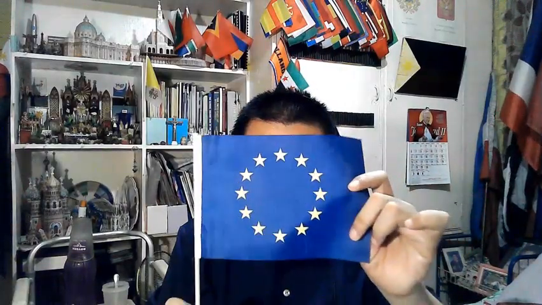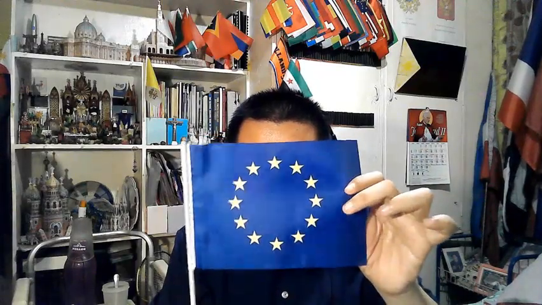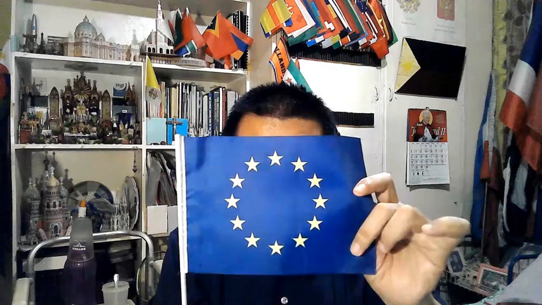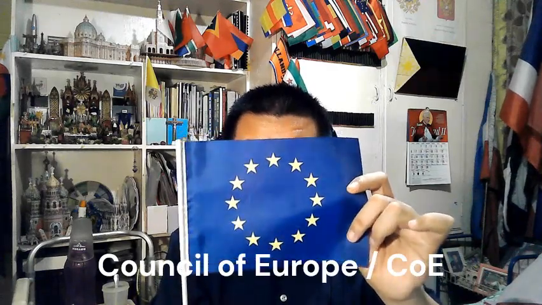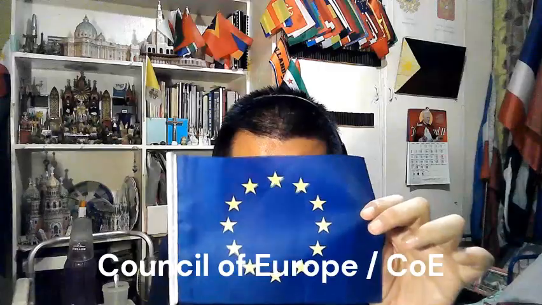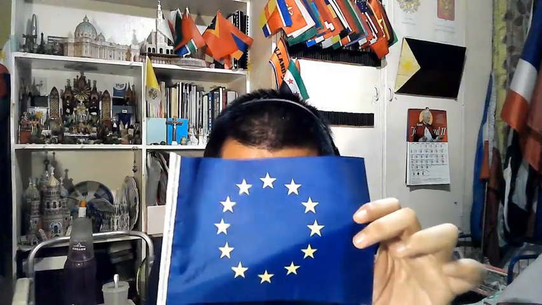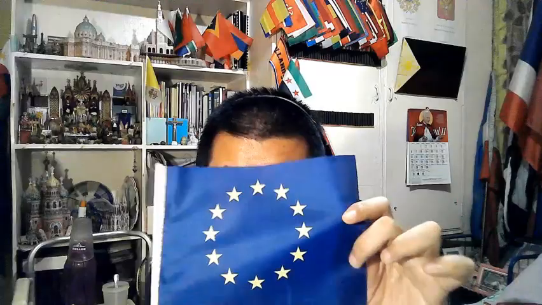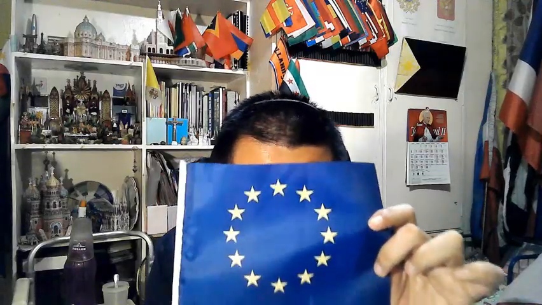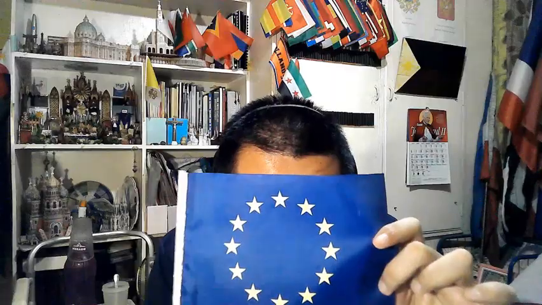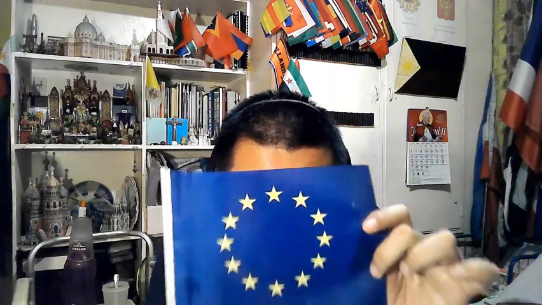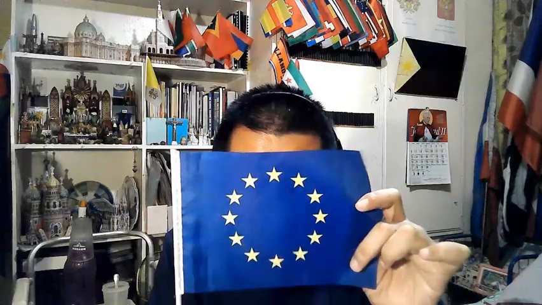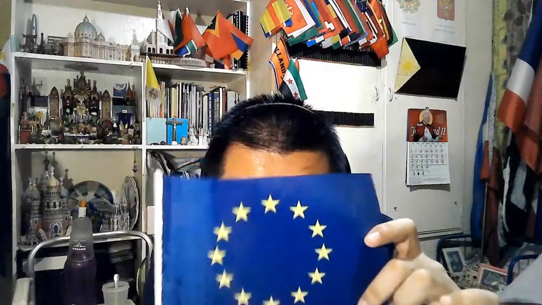The next flag I'm going to show you right now is for another organization, exclusively for Europe. There are two uses of this same flag. The first organization is what we call the Council of Europe, or the COE. This is the flag of Europe, the flag of the Council of Europe, and also the flag of the European Union. We call it the Circle of Stars.